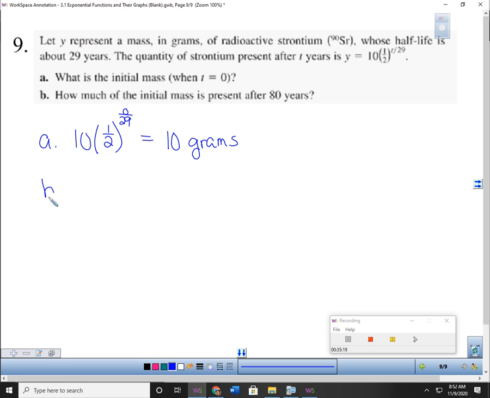Then it wants to know how much of the initial mass is present after 80 years. So what should we do with 80? Plug it in for the time, right? So I have 10 times 1/2 to the 80 divided by 29.